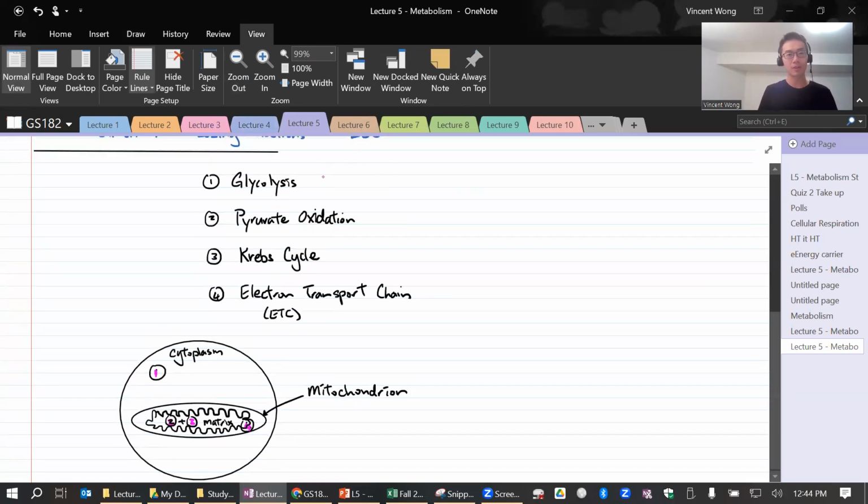That's exactly how you say it. Good job, Zoe. So glycolysis happens in the cytoplasm. The second and the third stage happen in the matrix, and the last one happens in the cristae.